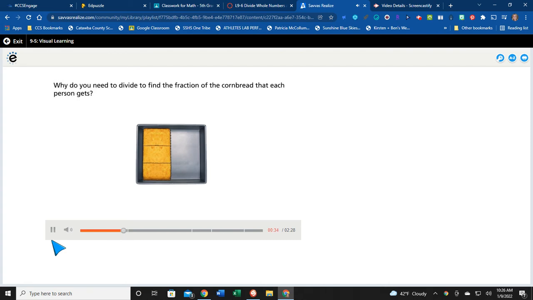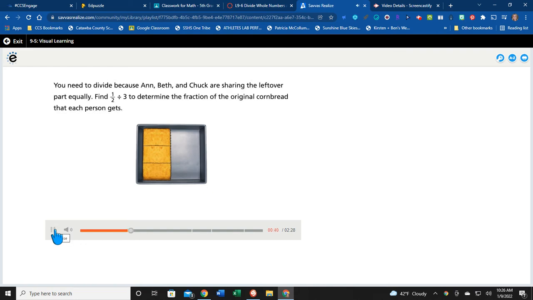Why do you need to divide to find the fraction of the cornbread that each person gets? You need to divide because Anne, Beth, and Chuck are sharing the leftover part equally. Find 1/2 divided by 3 to determine the fraction of the original cornbread that each person gets.